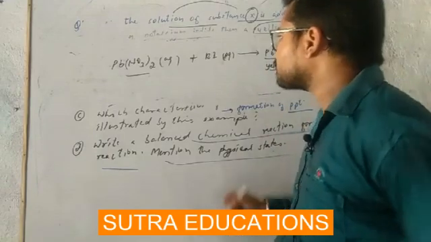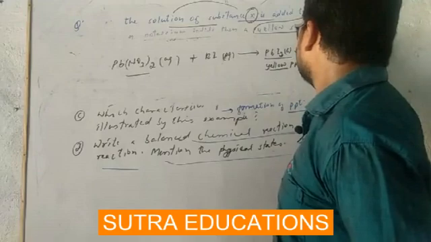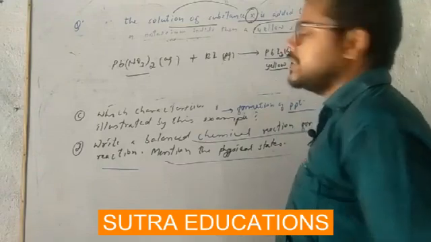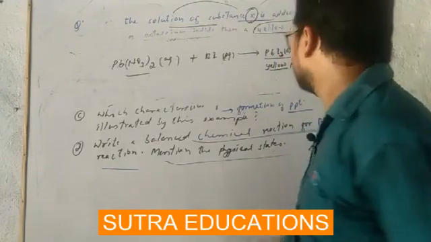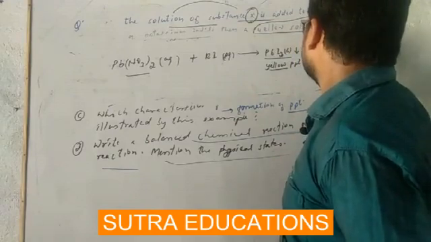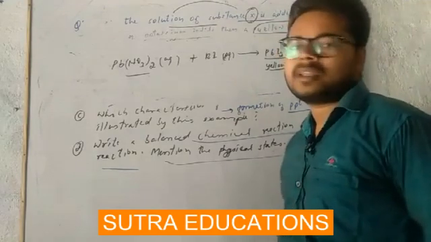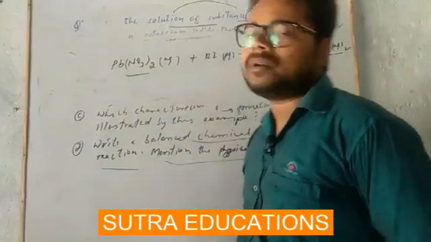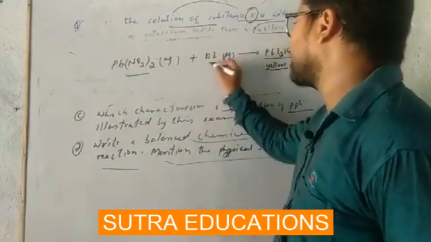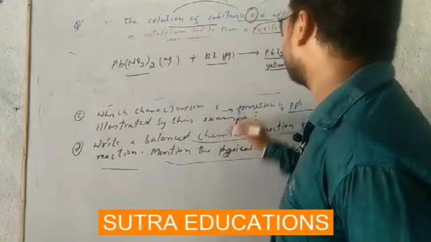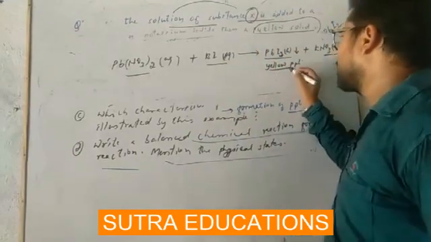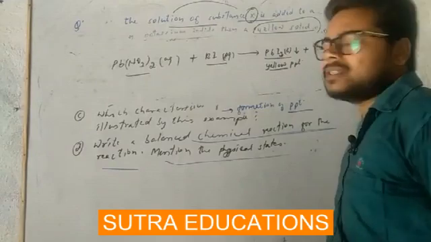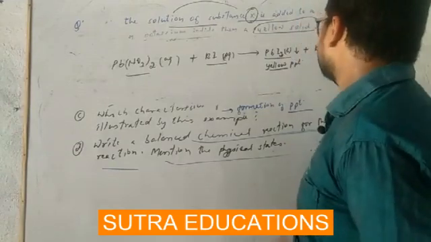Along with it KNO3 is forming, and this potassium nitrate is again aqueous. So the chemical reaction is Pb(NO3)2 aqueous plus KI aqueous forming a yellow precipitate PbI2, which is a solid, plus KNO3 aqueous.